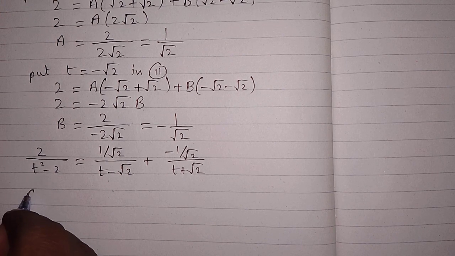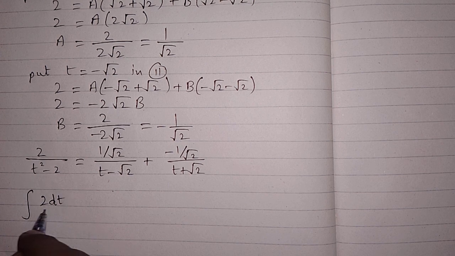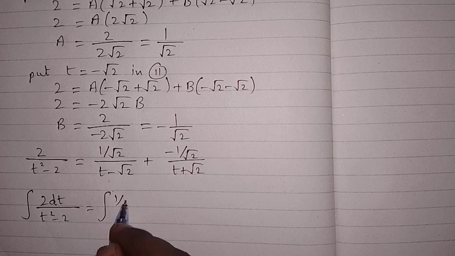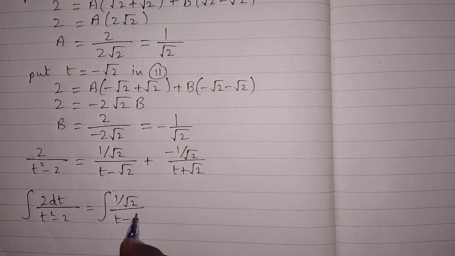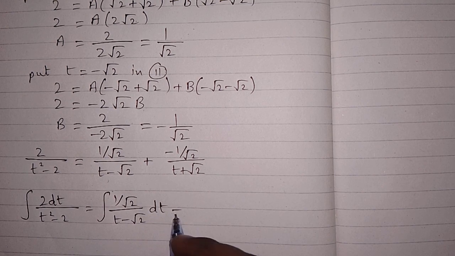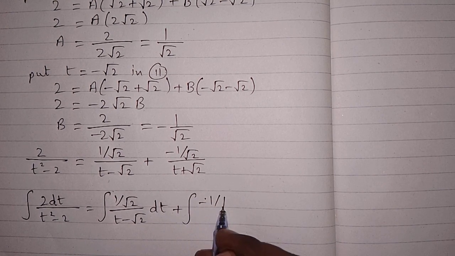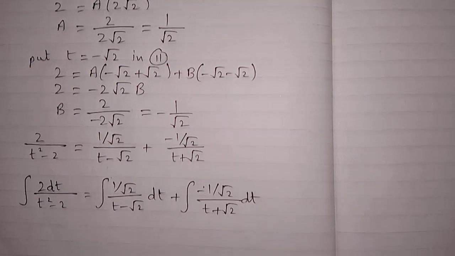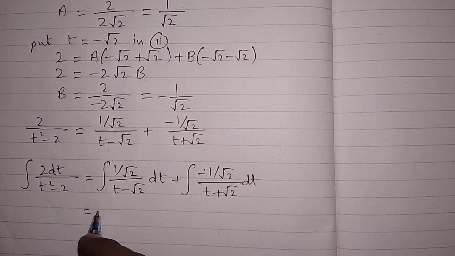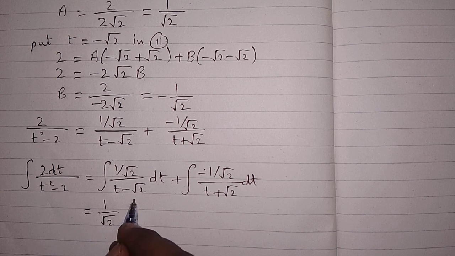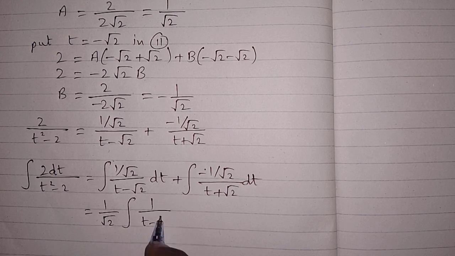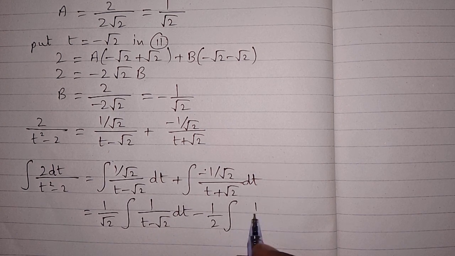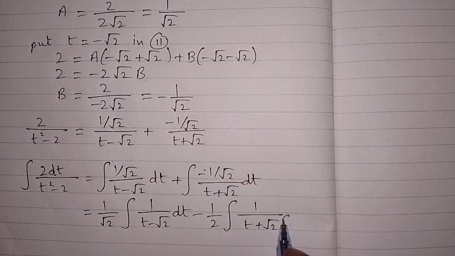Now integrating both sides with respect to t, so we have integral of 2 dt upon t square minus 2 is equal to integral of 1 upon under root 2 upon t minus under root 2 dt plus minus 1 upon under root 2 upon t plus under root 2 dt, and this can be written as 1 upon under root 2 integral of 1 upon t minus under root 2 dt minus 1 upon under root 2 integral of 1 upon t plus under root 2 dt.